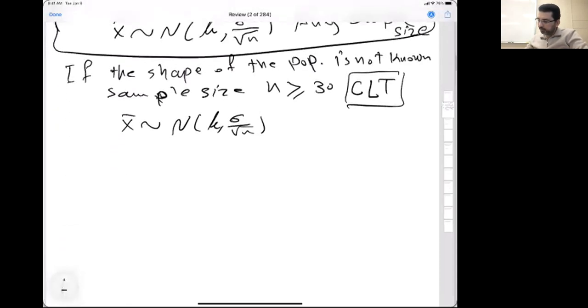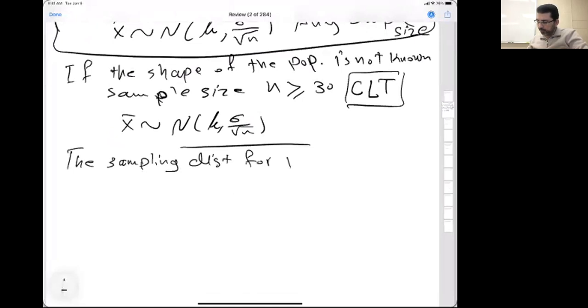The second one is the sampling distribution for the sample proportion, p hat. If you remember, p hat is x divided by n. What is x?